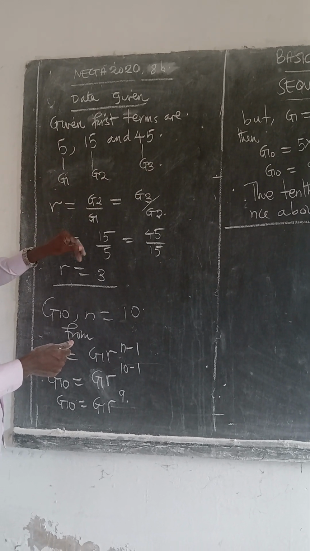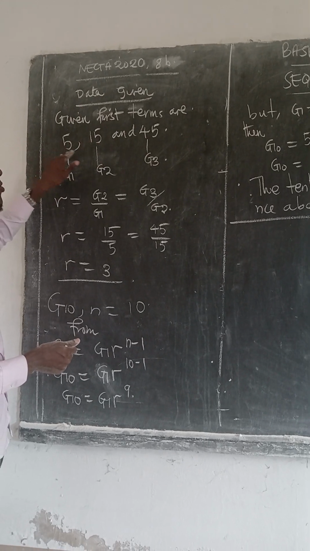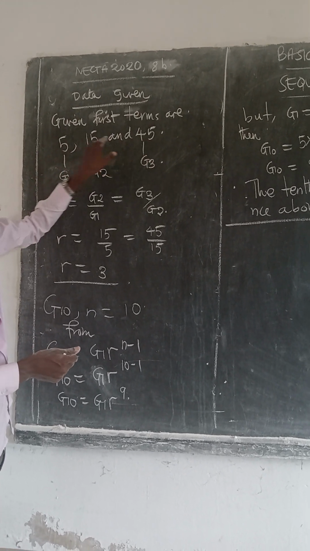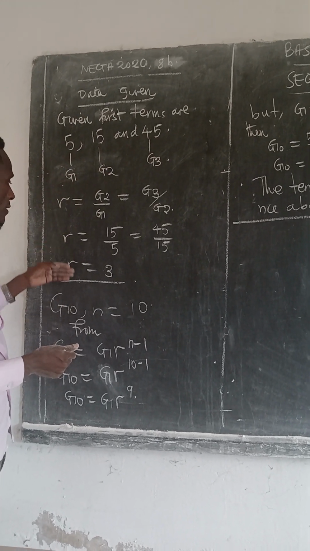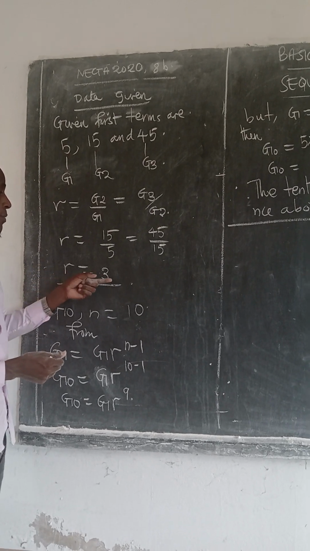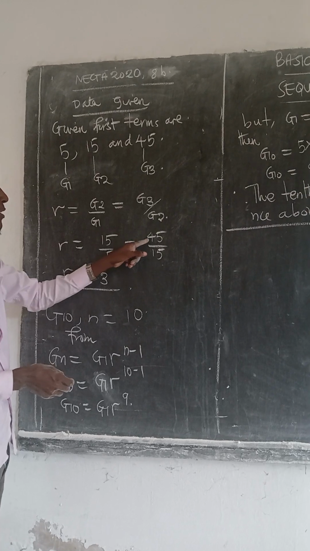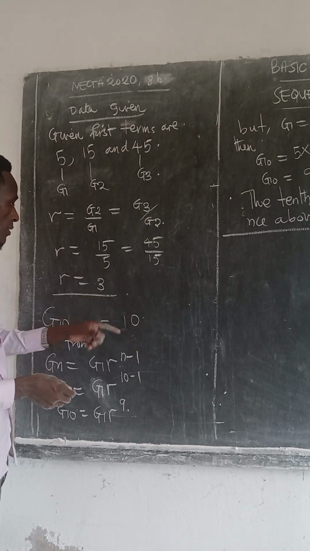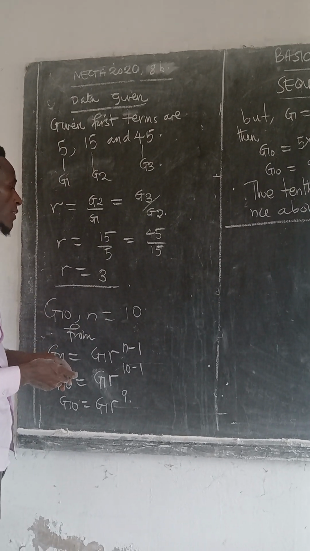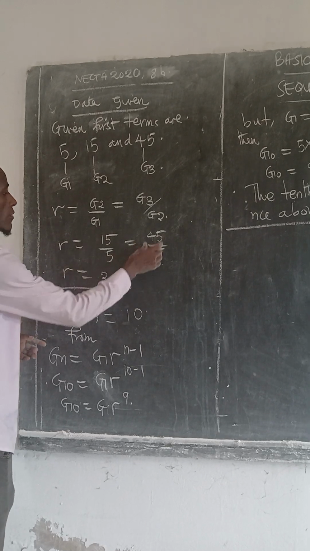When you take 15 over 5, and 45 over 15, you obtain that the common ratio is 3. 15 over 5 you get 3, and 45 over 15 you get 3. So that is common now. It is a common ratio, because you are dividing.